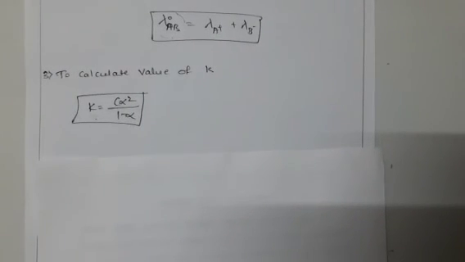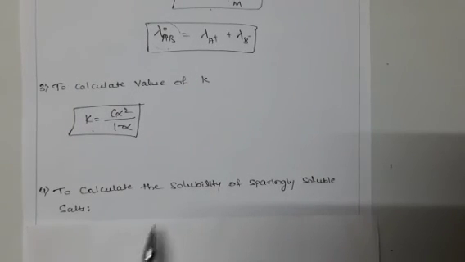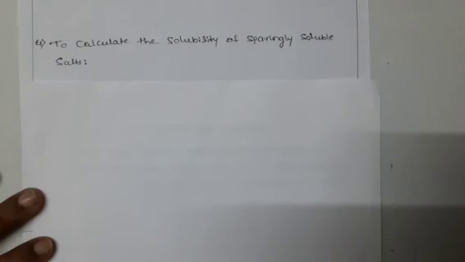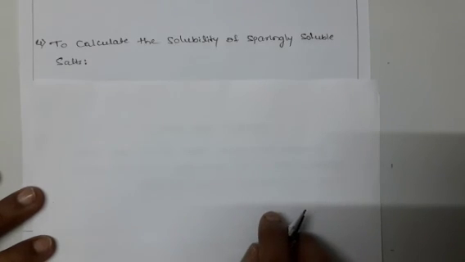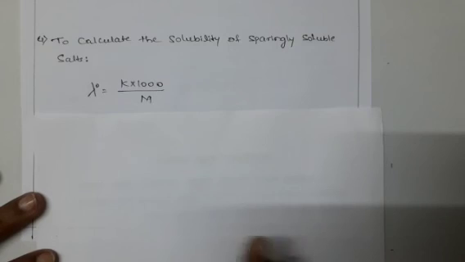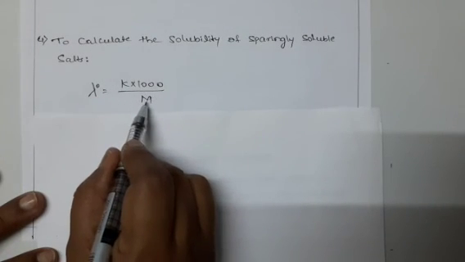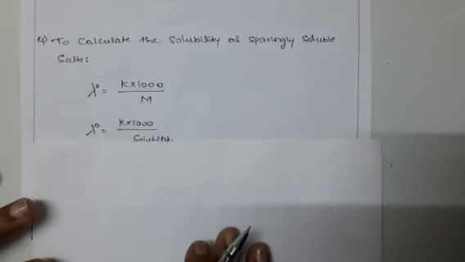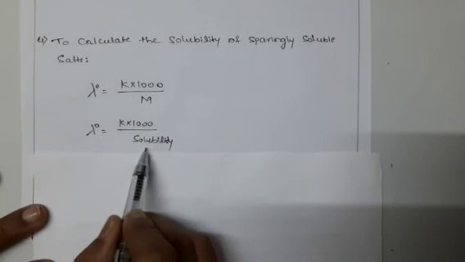Next, the last one, the fourth application, is to calculate the solubility of sparingly soluble salts. We can calculate solubility by the formula: lambda naught equal to K into 1000 divided by M. It is also written as lambda naught is equal to K into 1000 divided by solubility.